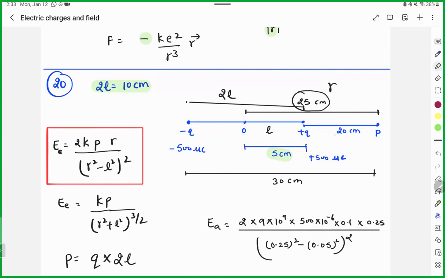Now the r value is 20 centimeter. Sarah, can we take here that r is much greater than L?